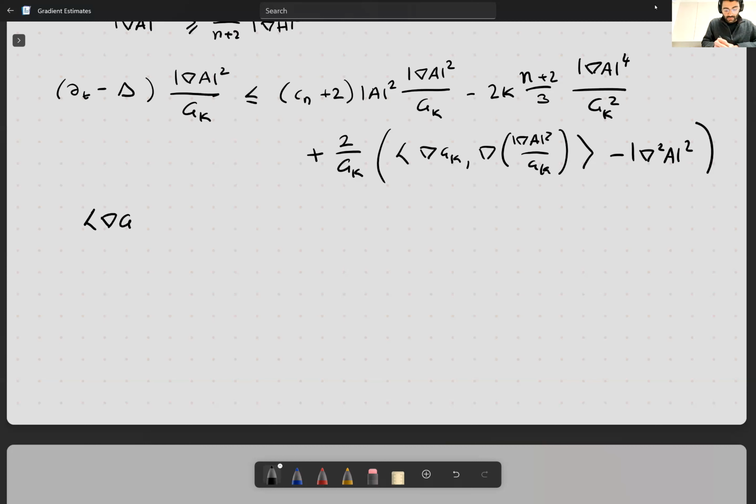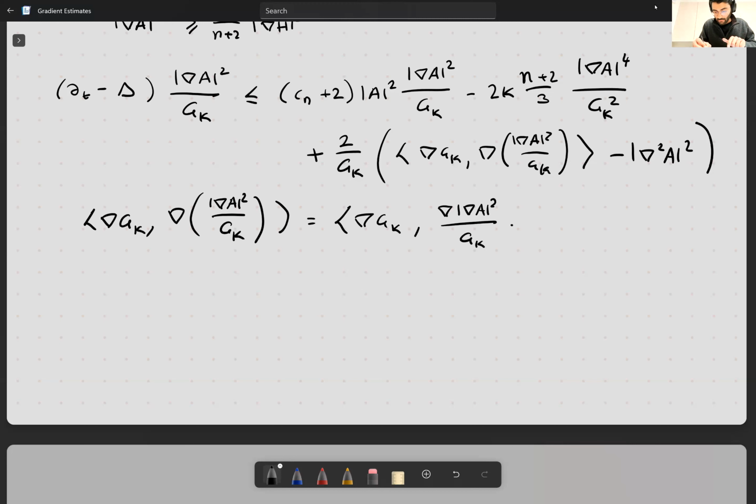So you get this, which is equal to derivative of gk, and differentiating the top part you get this divided by gk, minus derivative of a squared times derivative of gk divided by gk squared.